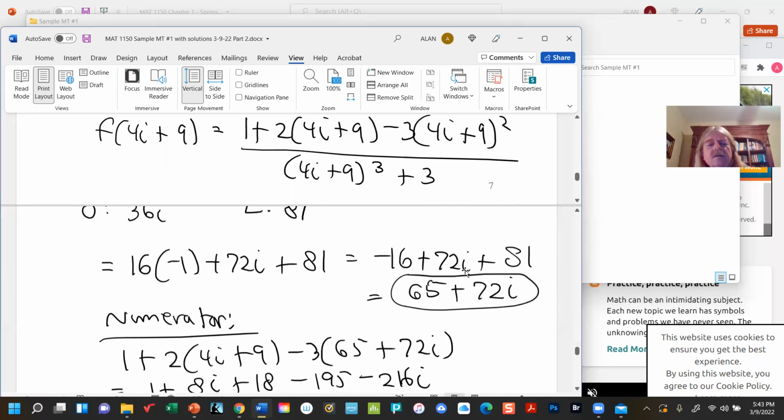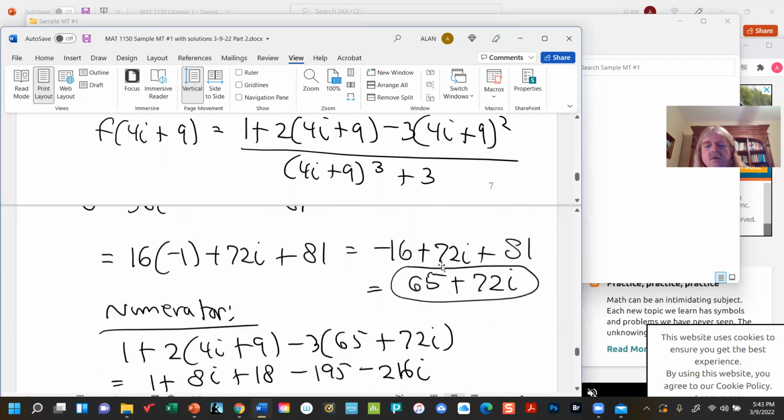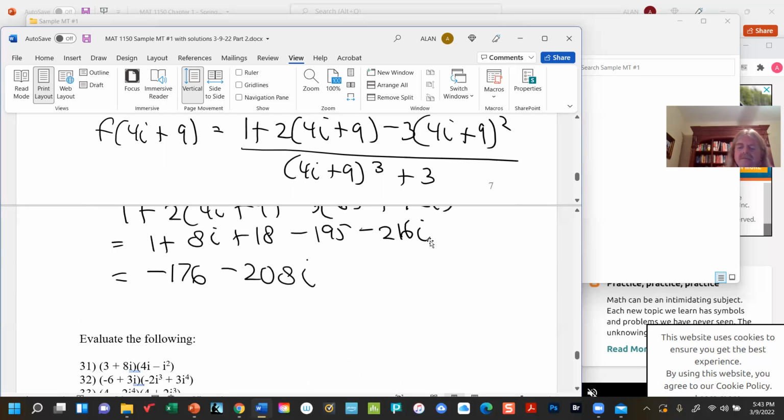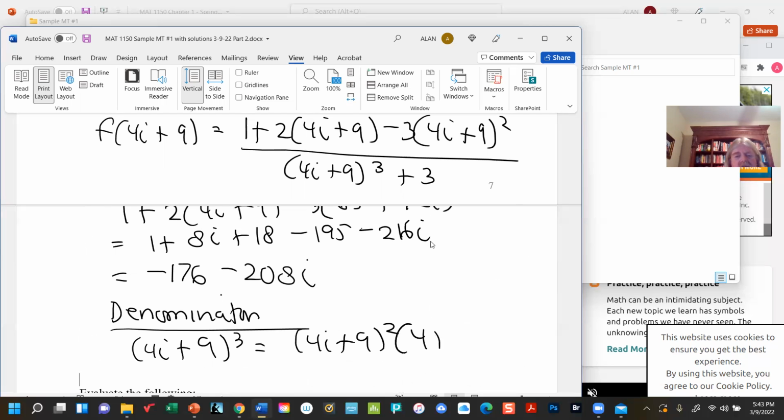Now, here's the fun one, the denominator, (4i + 9)^3. Now, as it turns out, since we already know what happens with (4i + 9)^2, we can take advantage of that. (4i + 9)^3 obviously equals (4i + 9)^2 times (4i + 9).